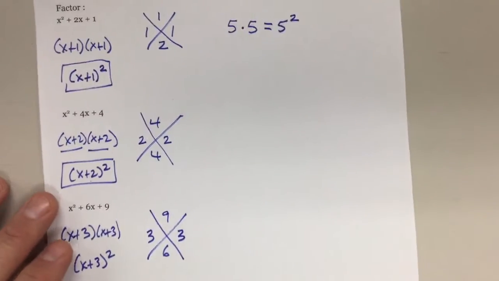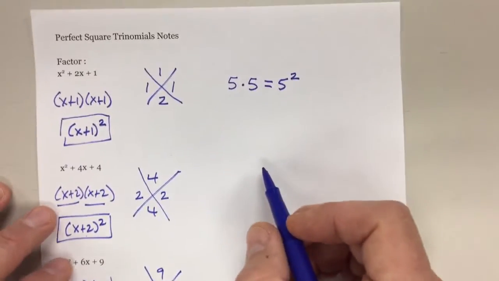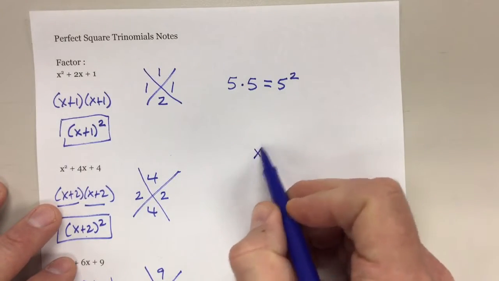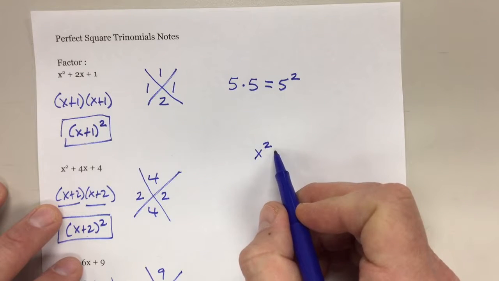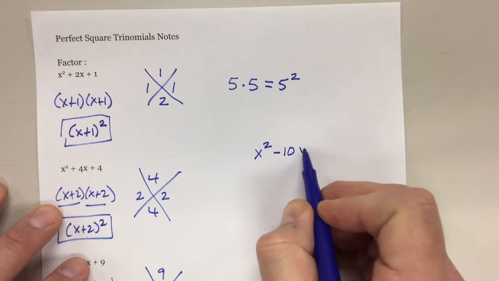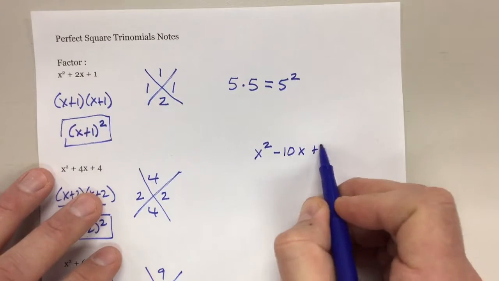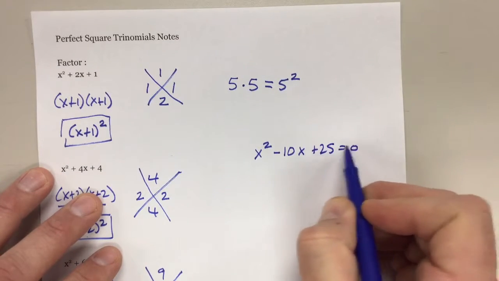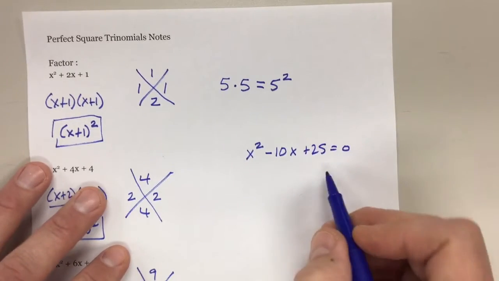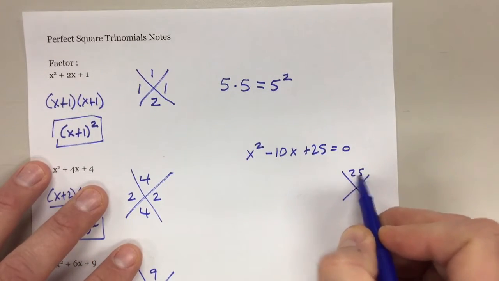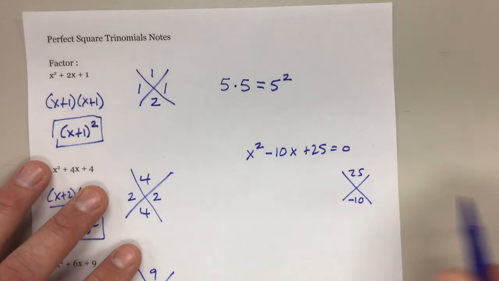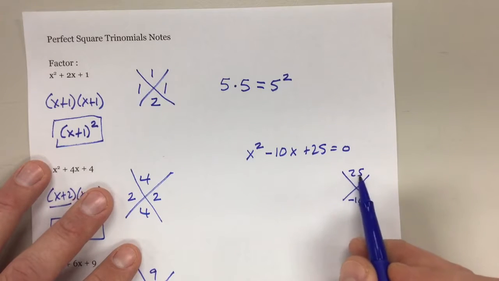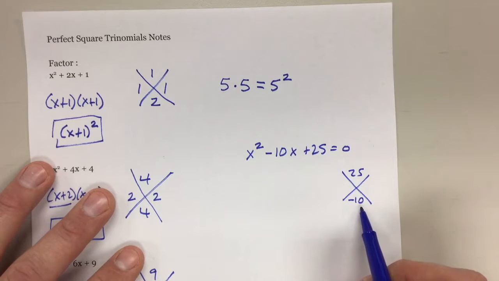We're going to add one more example to this page. And that is this. x squared minus 10x plus 25 is 0. Now, I want to factor this, so I put 25 here and negative 10 here. Two numbers that multiply to be 25, but add to be negative 10.